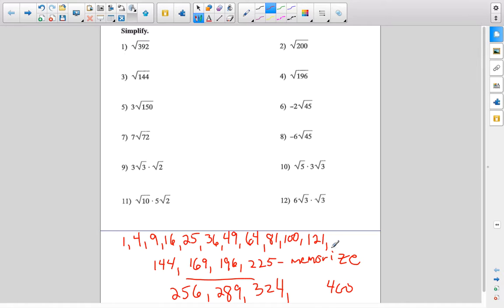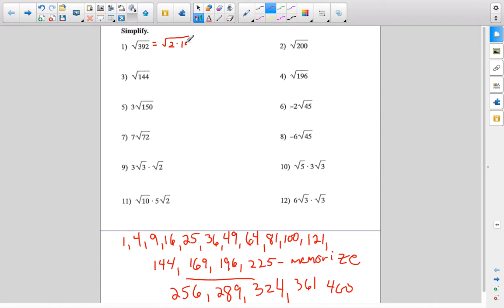So I can tell by looking at this that 392 is not a perfect square. So in order to simplify this, I'm going to say, well, 2 goes into 392 because I do see that it is an even number. So just to break it down a little bit, I can say 2 goes into 392.